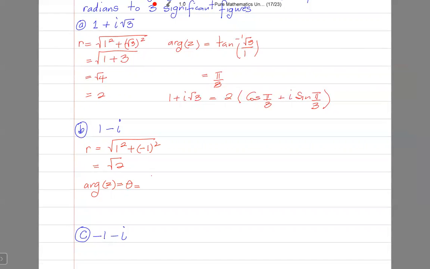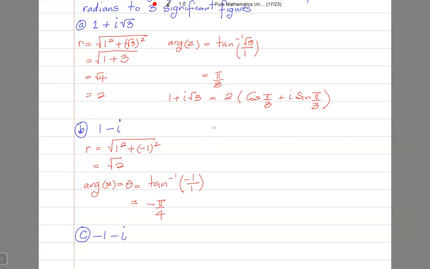So it's just tan inverse, imaginary first, minus 1 over the real 1. So this is minus pi by 4.